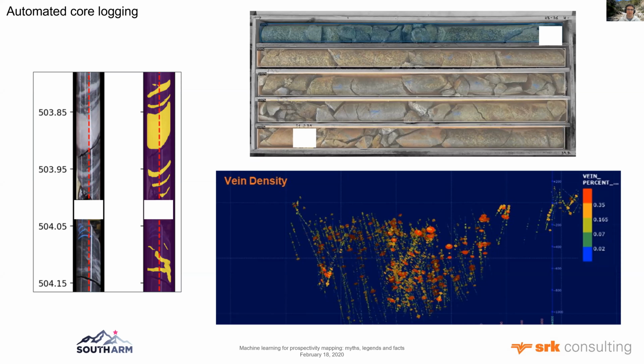Okay, our last question for today is from Juan Jaimes. Is there any reference on that core information, for the automated core logging? No, it's fairly recent technology. We at SRK are not the only ones doing that. There are other service companies, probably just three or five on the planet who can do that.